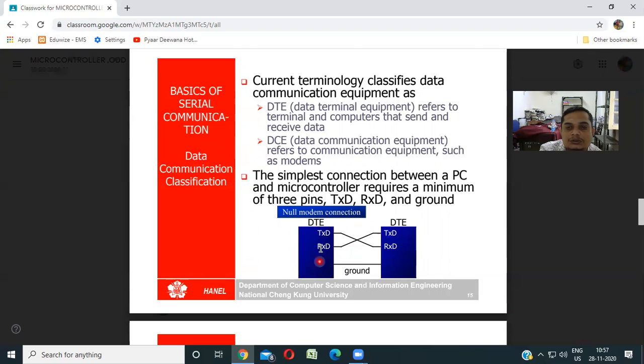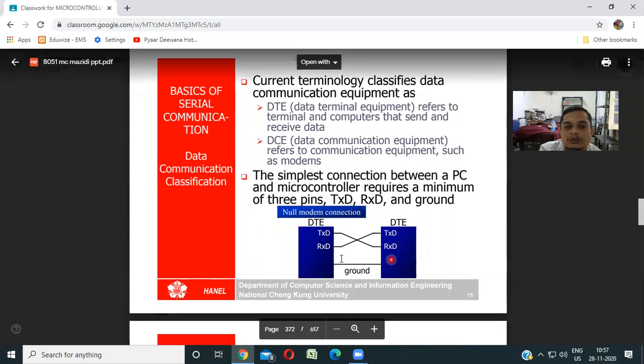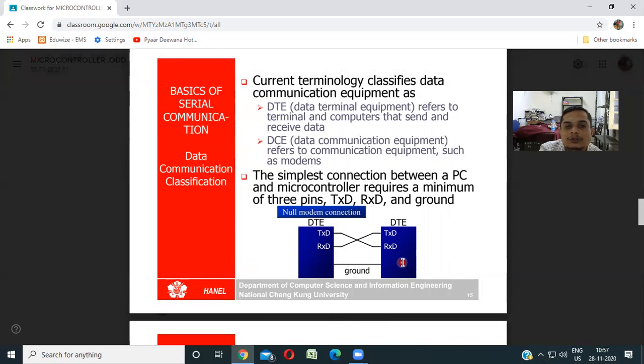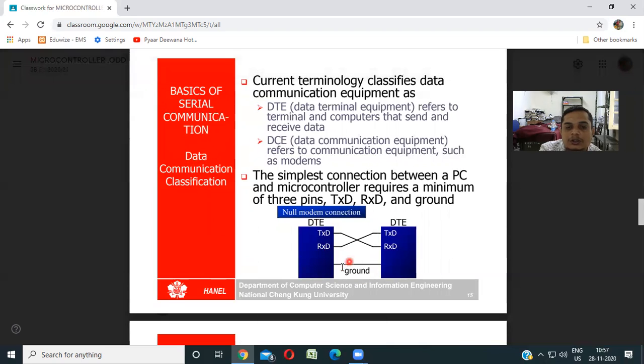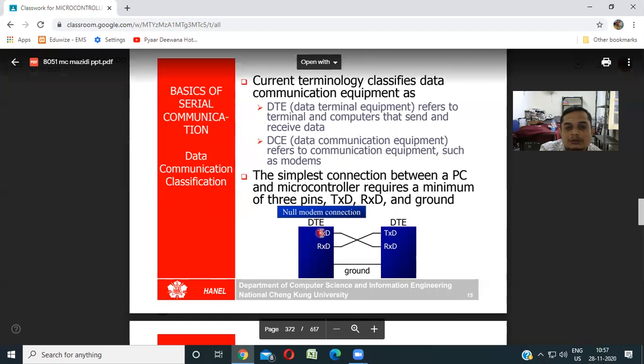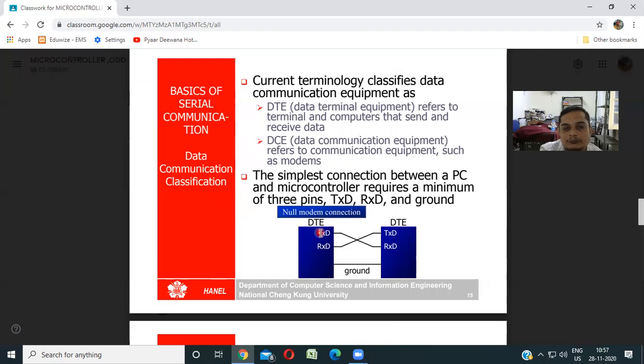Let us assume this is a computer and this is the microcontroller, and we want communication between the computer and the microcontroller. Only three pins are required: TXD, RXD, and ground. This is the PC, and this is the microcontroller, using only three pins.